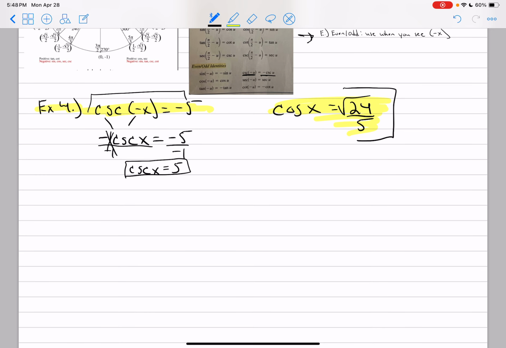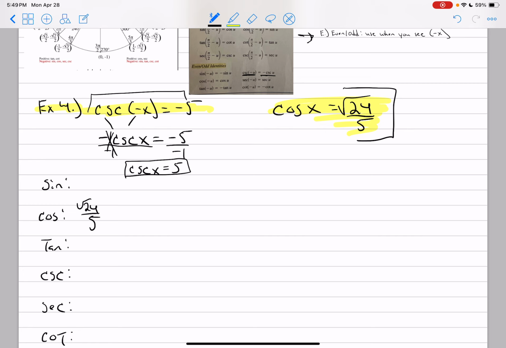I want you to figure out all the rest right now. Hopefully you're like, let's see. I know sine, cosine, tangent, cosecant, secant, and cotangent. What do I got? So far, I know cosine is root 24 over 5.